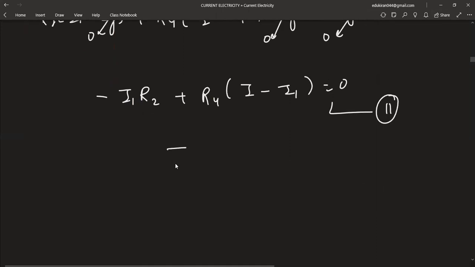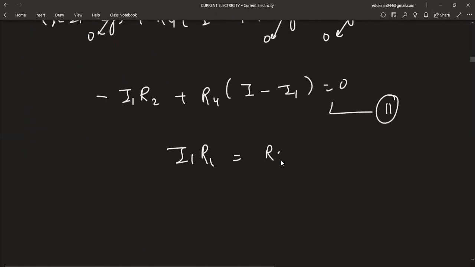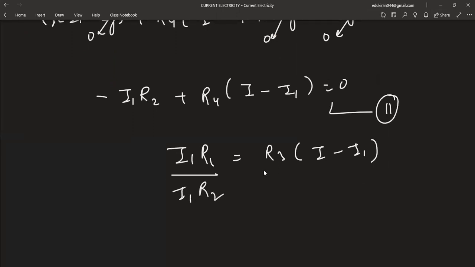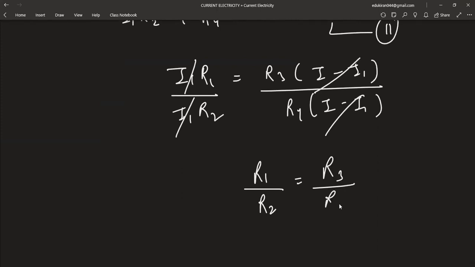So on one side it is I1 R1 and R3 into I minus I1, and on the other side it will be I1 R2 and R4 into I minus I1. I1, I1 got cancelled. These brackets got cancelled. So we are ultimately left with R1 by R2 is equal to R3 by R4.